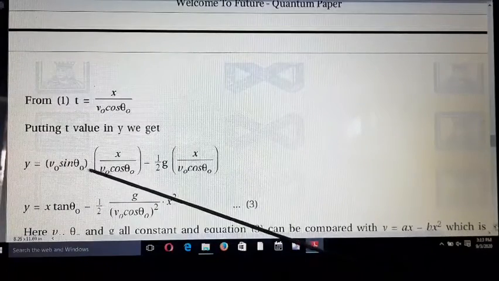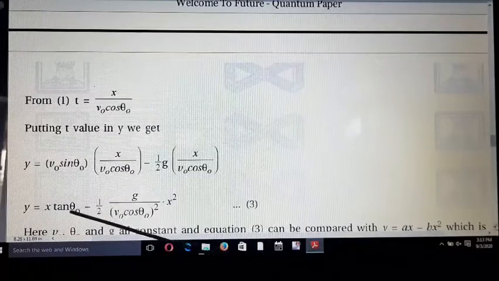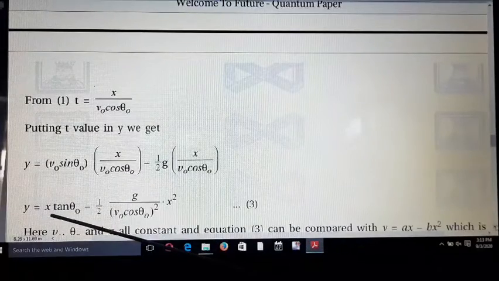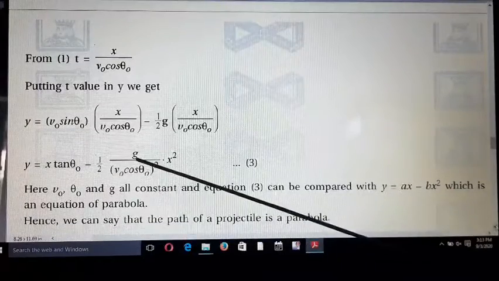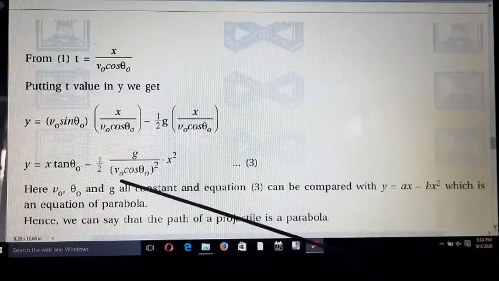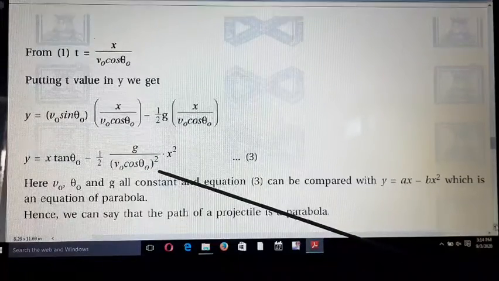Here the square was missing by mistake, but the square is required. Look here, v0 cancels, and sin theta 0 upon cos theta 0 means tan theta 0, so we get x tan theta 0 minus 1 by 2 g x square upon v0 square cos square theta 0.